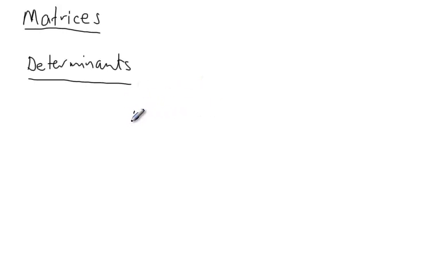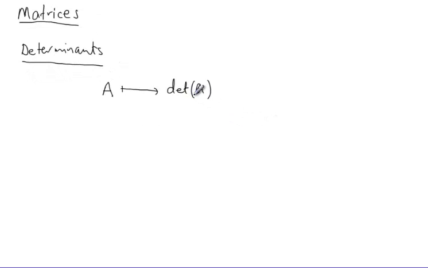Let's say we've got a matrix A. We can take this A and assign it a number, like a real number. It can be negative, positive, or 0. And that number, we denote it by det of A. It's kind of a function. In this case, we're talking about square matrices. You take a square matrix, you assign the number, and we call it the determinant of the matrix.